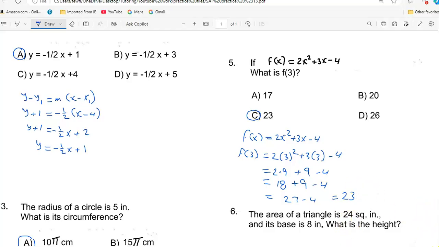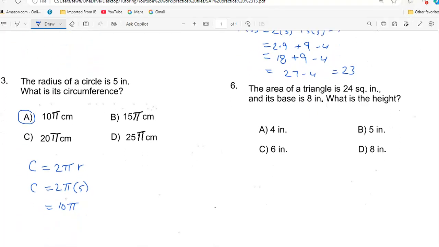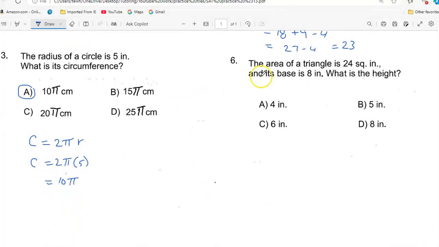And for the last problem here, number 6, the area of a triangle is 24 square inches and its base is 8 inches. What is the height? So we're looking for the height. We have the base and we have the area.